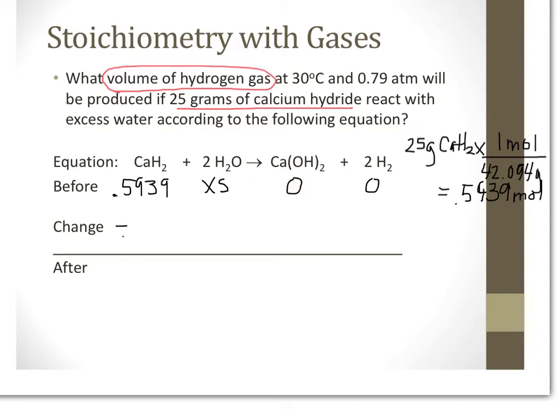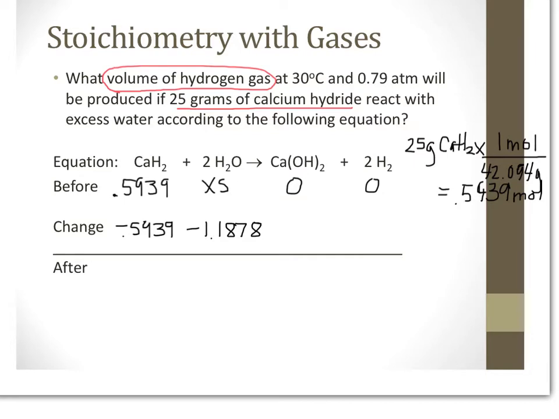We're going to use up all of the calcium hydride according to our 1 to 2 mole ratio. We need twice as much water. So twice as much water, we would use 1.1878 moles of water. And we form, there's a 1 to 1 mole ratio of calcium hydride and calcium hydroxide.